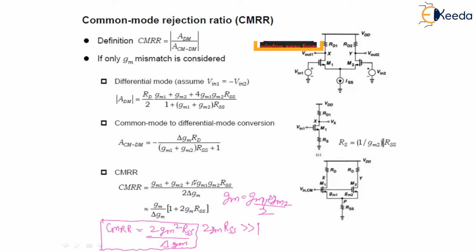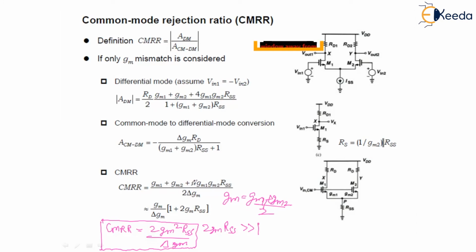The term itself signifies what it is all about: common mode rejection ratio. It is the ratio when the common mode is considered, and we are rejecting the undesired differential component which is produced by the common mode variation.